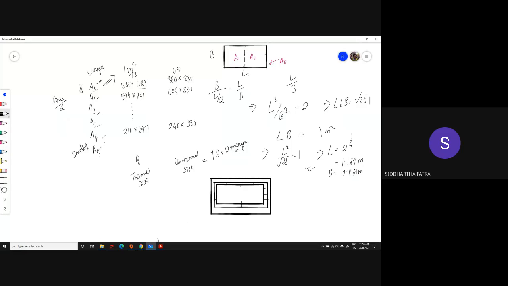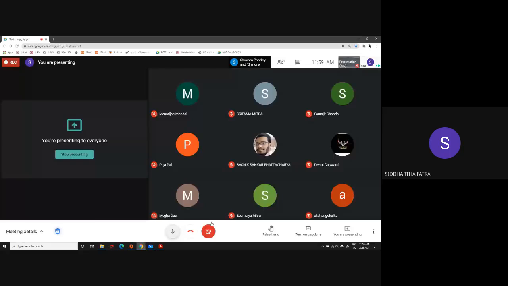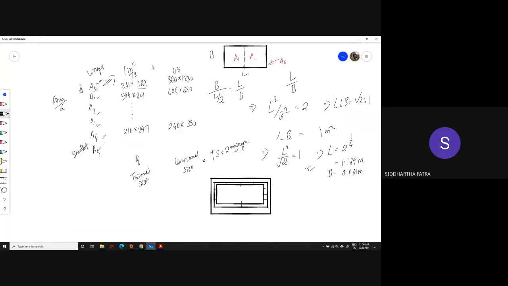Okay. Am I audible? Yes, sir. Okay. So I was trying to discuss the sizes of the different drawing sheets. So then we discuss the trimmed size and the untrimmed size.